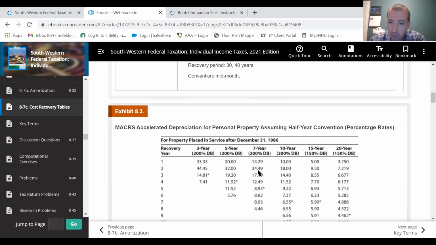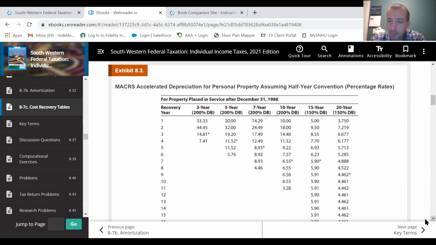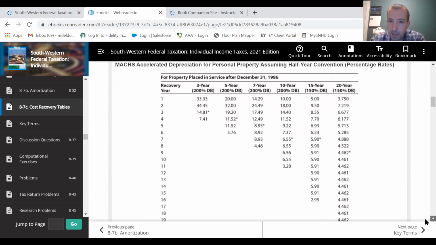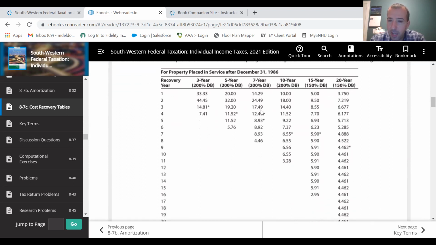In year 2, I'm going to perform the same calculation. I'm going to take the cost, and I'm going to multiply it by 24.49%. And I'm going to keep on going down the line and performing these calculations in order to get the deduction.